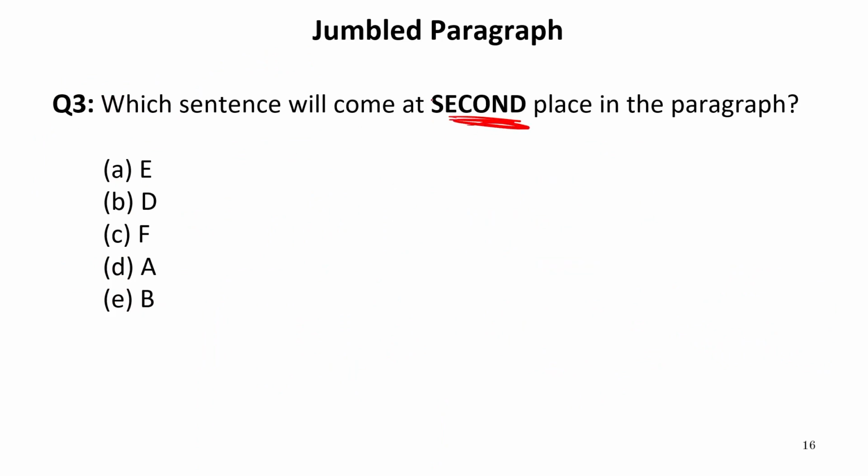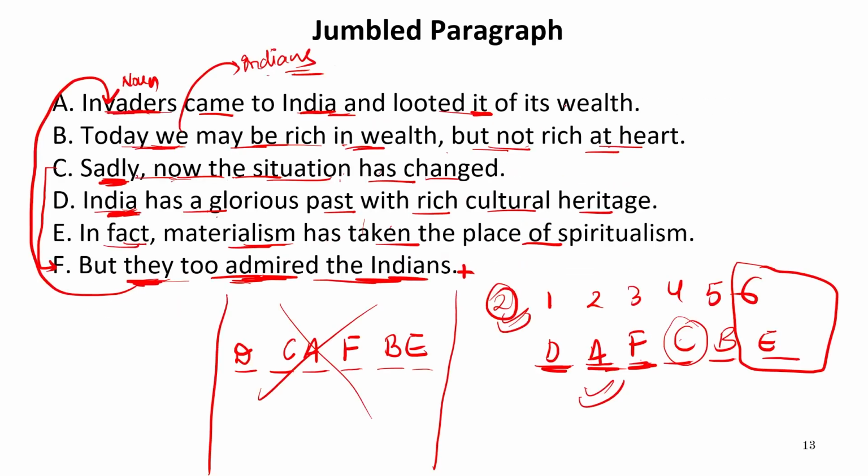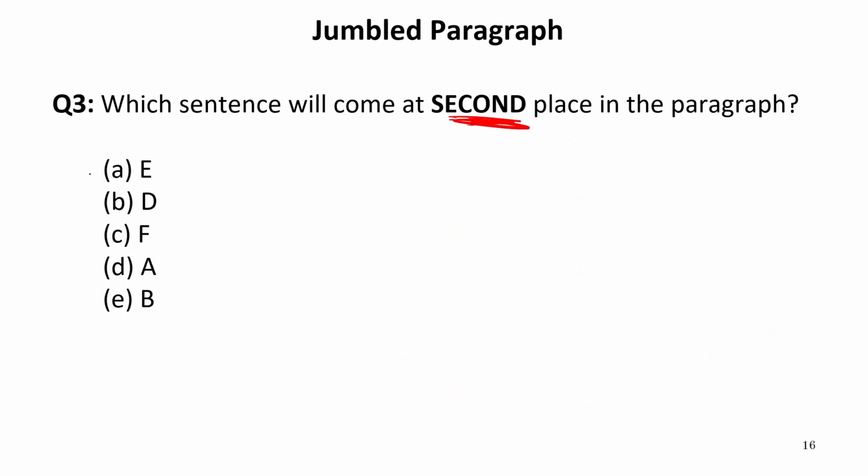Now, let us see this question again. We have been asked about the second place in the paragraph or second sentence after rearrangement. Now let us see the sequences. In this, according to the second sequence, which we marked correct, A is the second sentence. And according to this sequence, on the second position, we have C. Now let us look in the options.